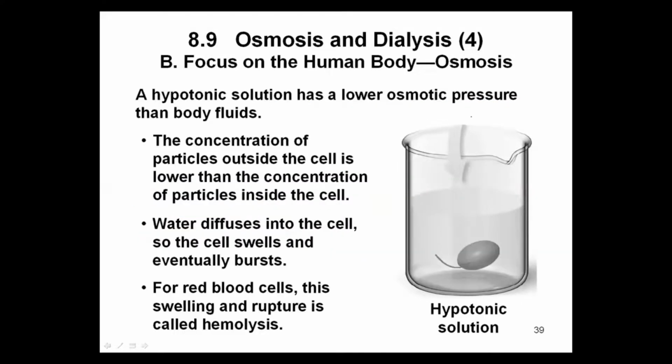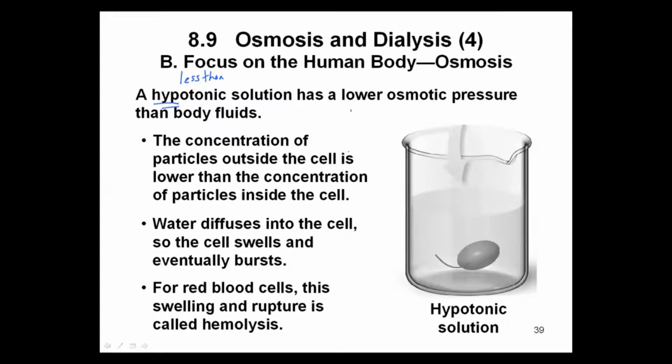Now, there is a solution which is known as hypotonic, and hypotonic means less than. Hypo means less than. What that means is the outside of the cell is less concentrated than the inside of the cell.